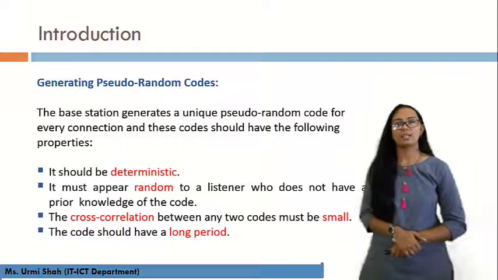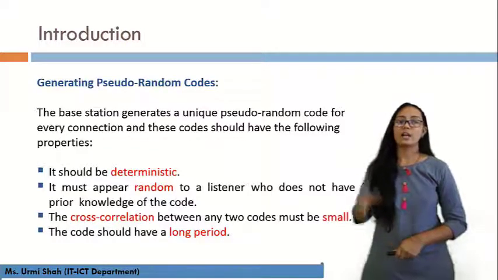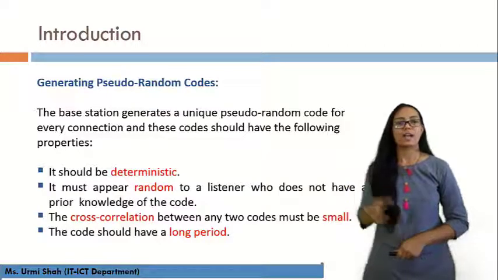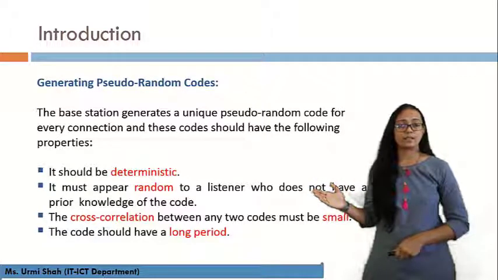Along with this, we need to generate a pseudo-random code. How will we be generating it? The base station generates a unique pseudo-random code for every connection, and these codes should have the following properties. It should be deterministic.